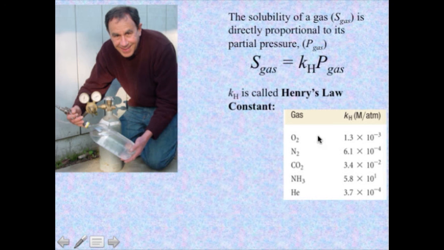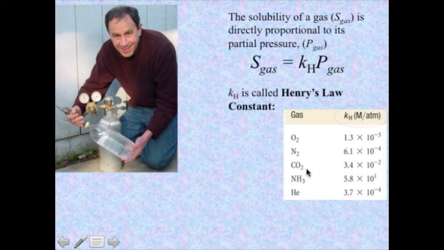And you can see the Kh values for 5 different gases here. Now, just imagine if the partial pressure is 1, say 1 atmosphere, then solubility is directly proportional to the Henry's law constant. The higher the Henry's law constant, the more soluble.